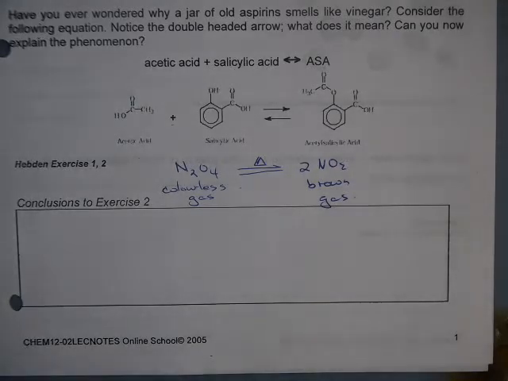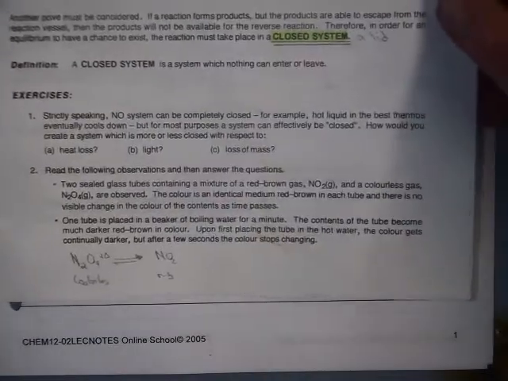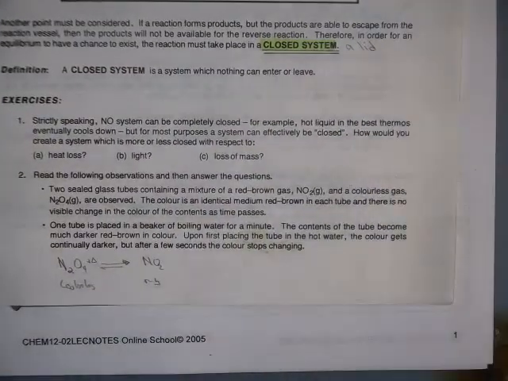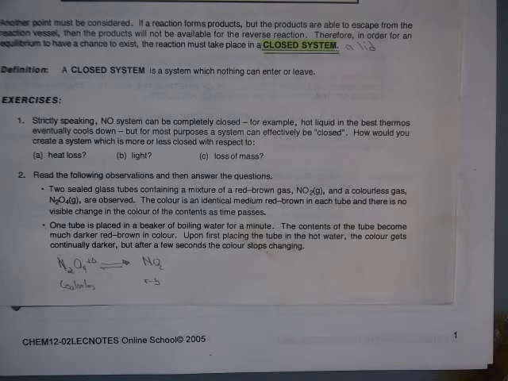Okay, so in Hebden, it says, read the following observations and answer the questions. Two sealed glass tubes containing a mixture of red-brown gas, NO2, and a colorless gas, N2O4, are observed. So it's a mixture of NO2 and N2O4 in the same glass tube.